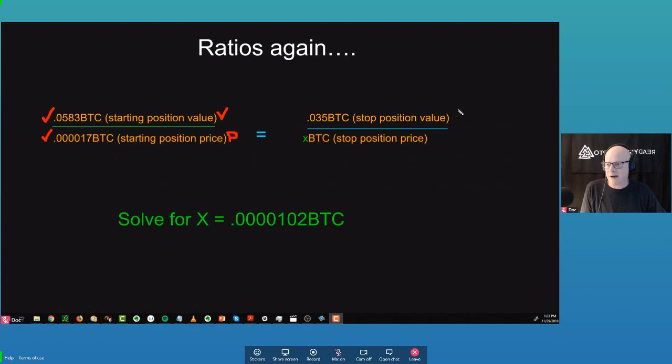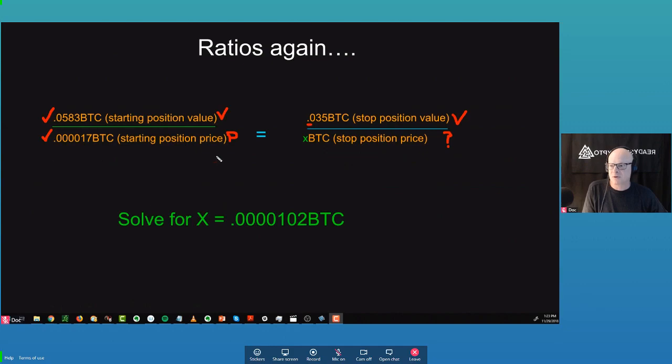Now we know the value of the stop, we saw that on the previous slide. The stop value, what we have left of this, that's our value. We've already calculated that. What we don't know is the price for the stop. We have no idea what this is.